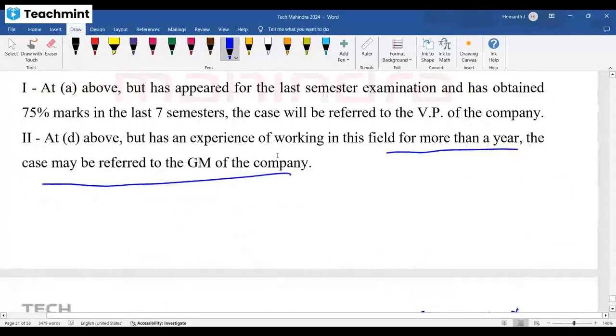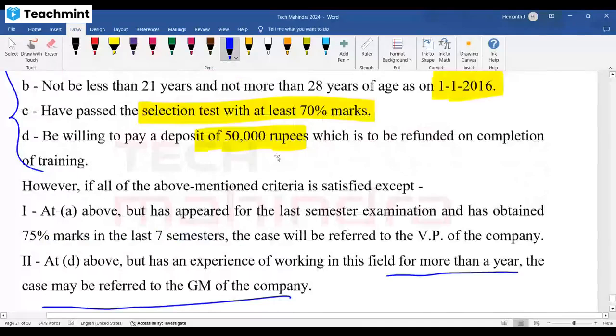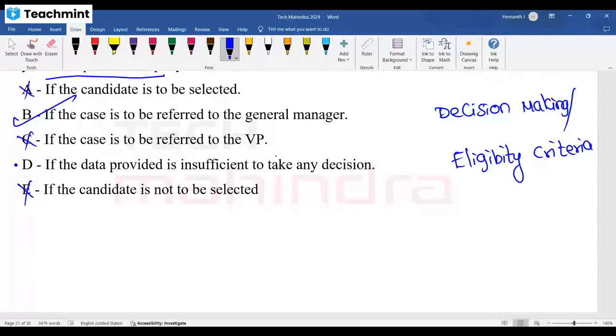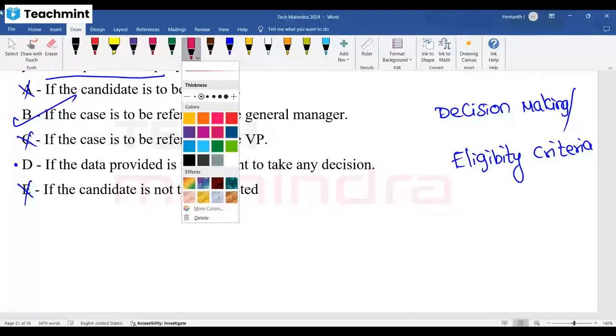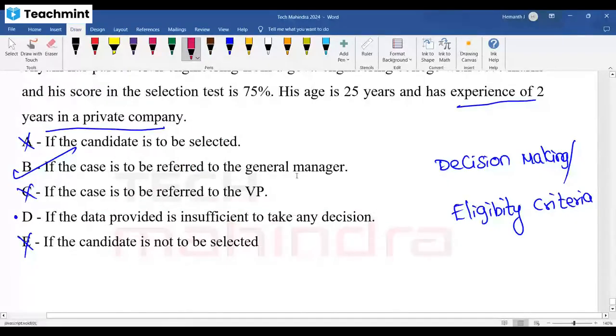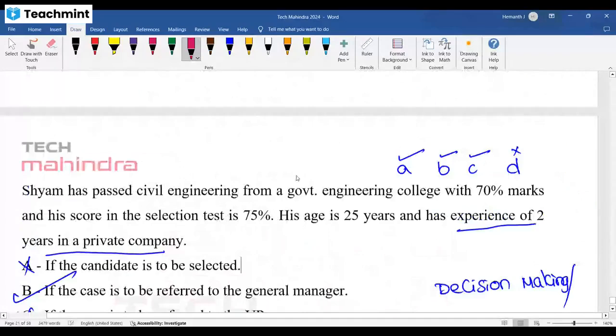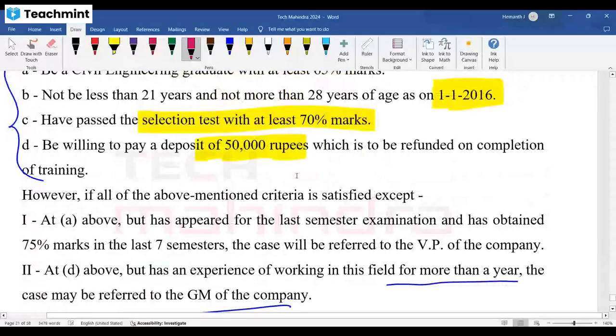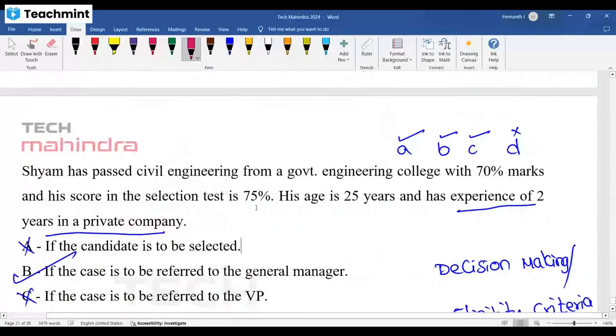In fact, this question is tending toward this point also. Not this, not this, not this, but this one also has a chance if you go deep into the concept, because it is not mentioned whether he is willing to pay. If he is not willing to pay, then refer to the general manager. Generally they would say he is willing to pay 10,000, something like that. That he is not willing to pay is also not mentioned in the question.